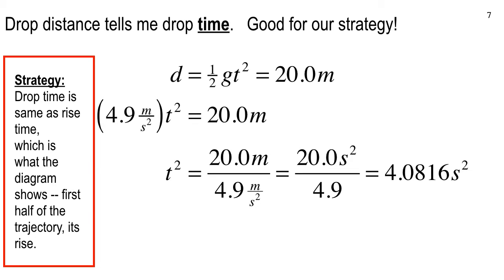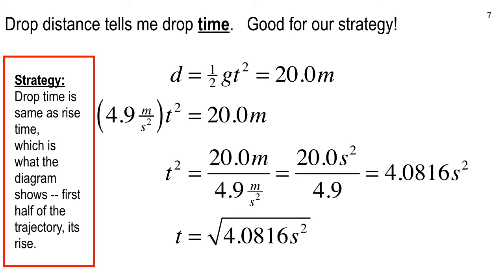That's not t itself. So if we're going to get t itself, we want to square root that. So now you put in 4.0816 in your calculator and then hit your square root key.